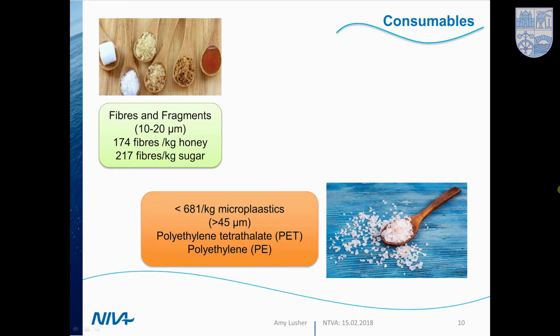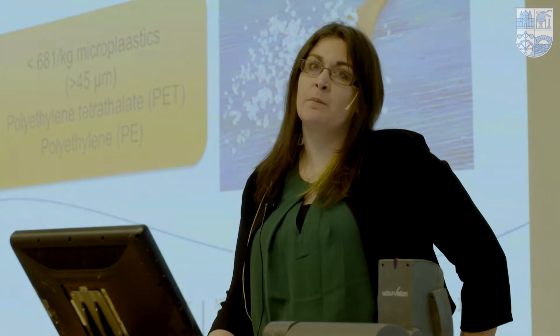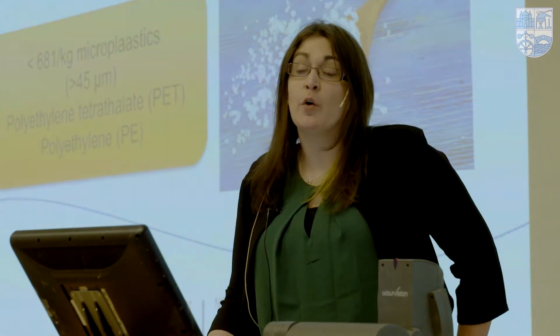These were greater than 45 microns in size. And for those of you that like alcohol, out of 24 different samples of beer, there were less than 109 fragments per litre. These were all preliminary studies, and more in-depth investigations are required.